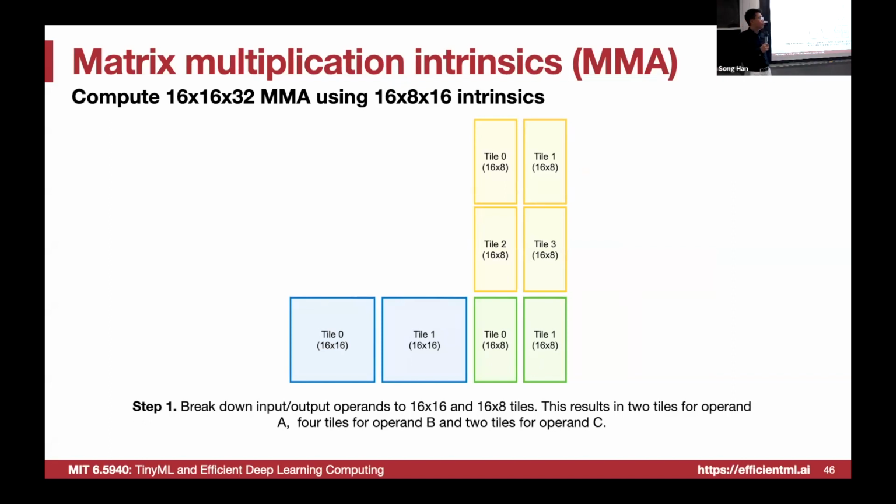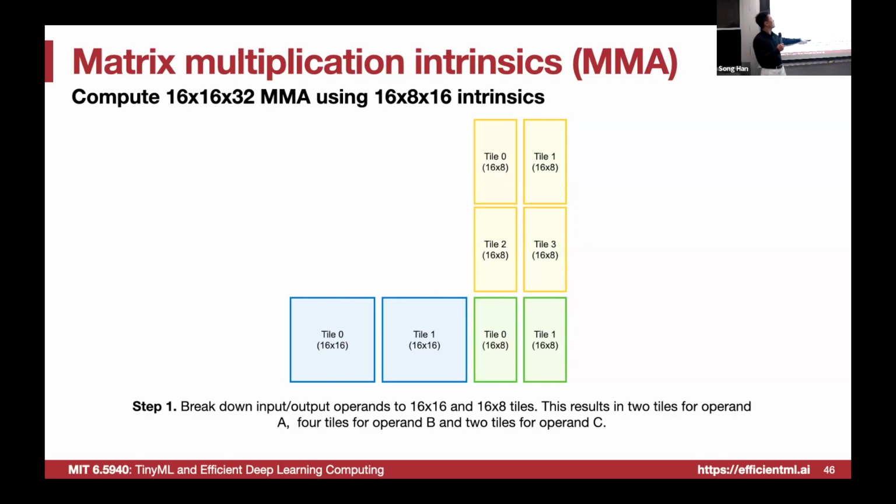So the tensor core offers this intrinsic to multiply a 16 by 16 times a 16 by 8 matrix using a single instruction. This example shows that we can work on a larger matrix multiplication workload using this intrinsic.